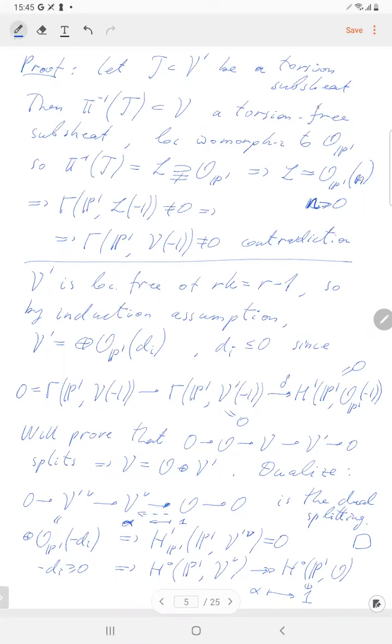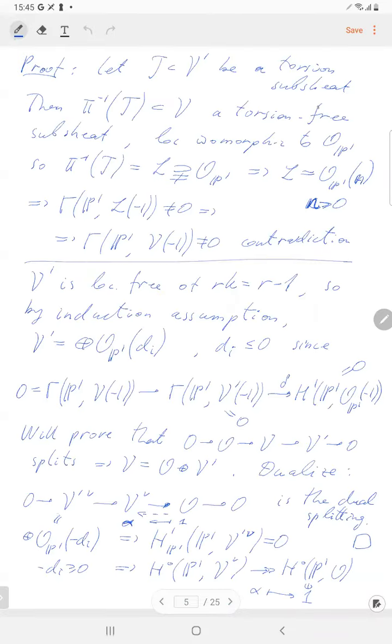Okay. Yes, so we used this very essentially. I wanted to notice that in general it is not possible to dualize a short exact sequence and hope that it stays exact.